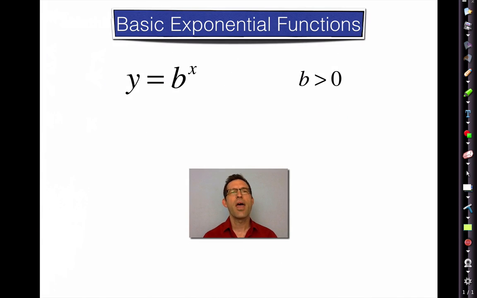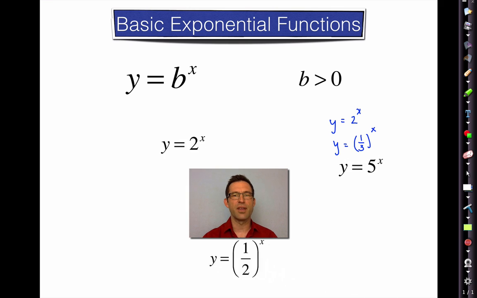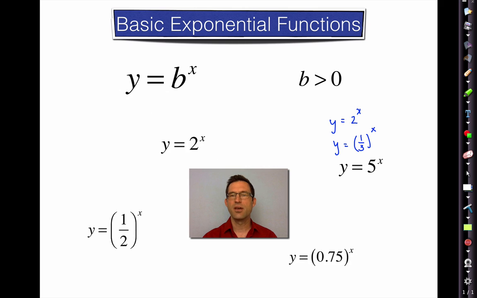All right. Exponential functions, y equals b to the x, where b is the base. Remember, these are functions like y equals 2 to the x, y equals 1/3 to the x, etc. So 2 to the x, 5 to the x, half to the x, 0.75 to the x. All of these are exponential functions because the base is a constant and the exponent is the variable.